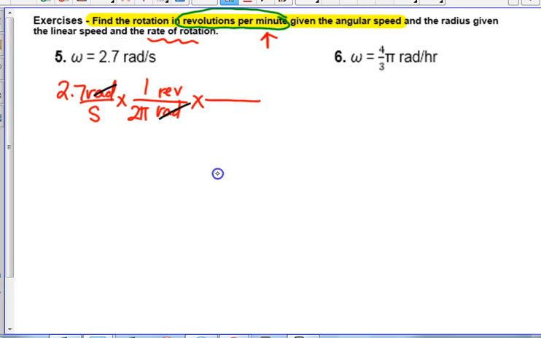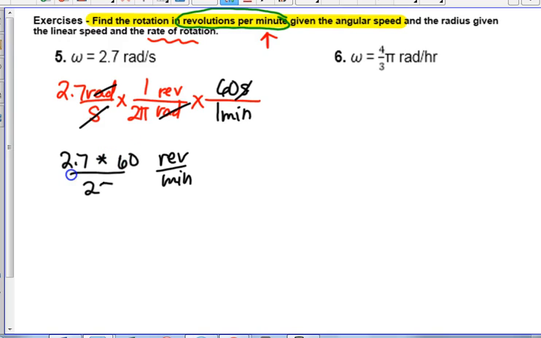We want minutes. 60 seconds goes up here so that seconds will cancel, and we'll end up with minutes in the denominator. So our labels that are left are revolutions and minutes, which is what we want. And we have 2.7 times 1 times 60 divided by 2 pi.